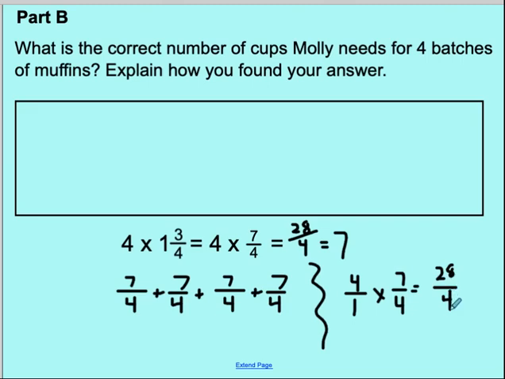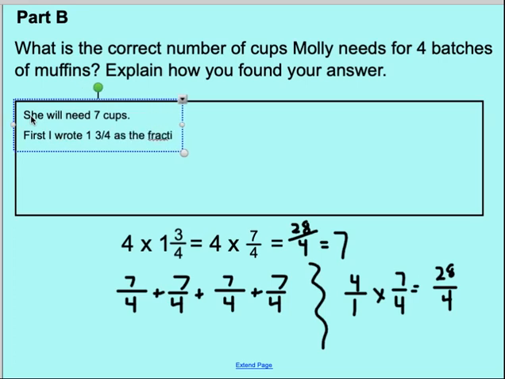All right, now it also does say that we have to explain how we found our answer. So we should say our answer is she will need 7 cups. And we have to explain. So first I wrote 1 3/4 as the fraction 7/4.